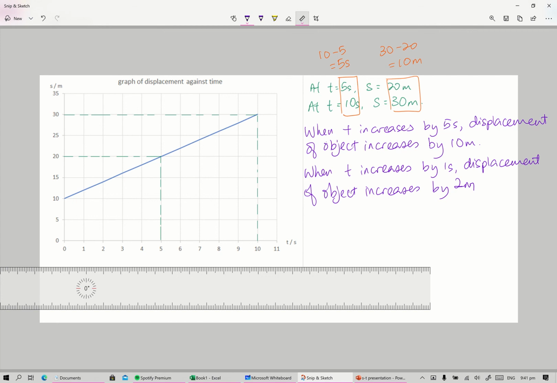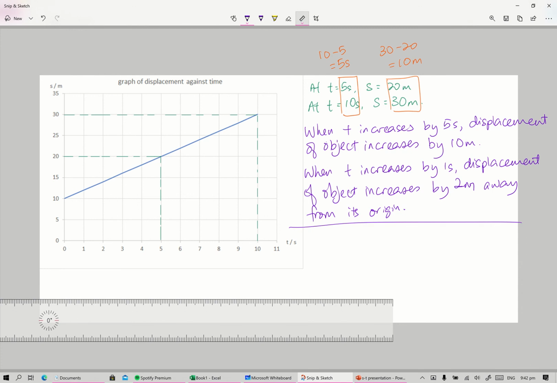But we will try to describe it as comprehensively as we can. When the displacement of object increases by 2 meters, that means it's moving further and further away from this origin. So this displacement of object increases by 2 meters away from its origin.